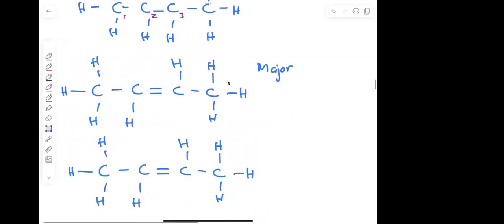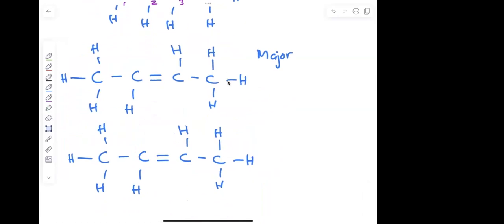So if I had taken the hydrogen from the first carbon, what I would have ended up with there is the double bond would have been gone. And I would have had the double bond here, right? In which case I'd have to remove one of these hydrogens, and then, yeah, that would be covered. And this here would be my minor product, the one that does not follow Markovnikov and Zaitsev's rule in that case there. Hope that makes sense to you guys.